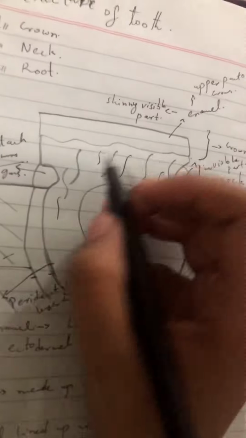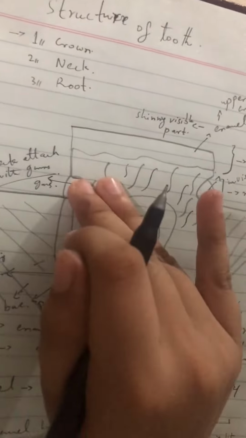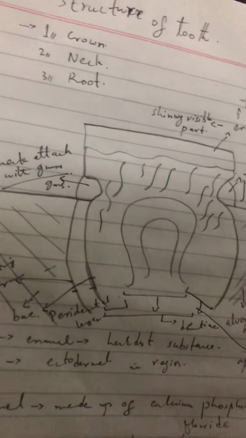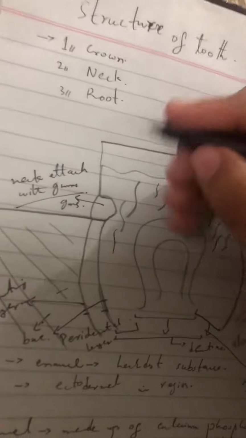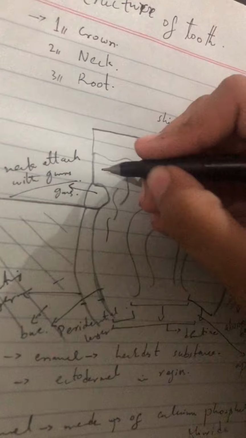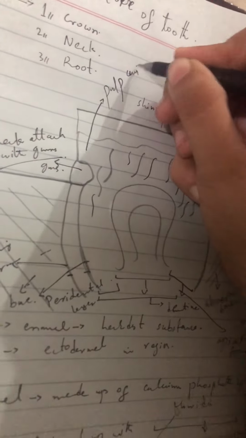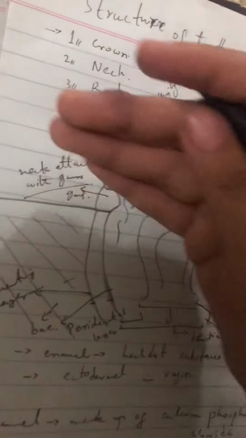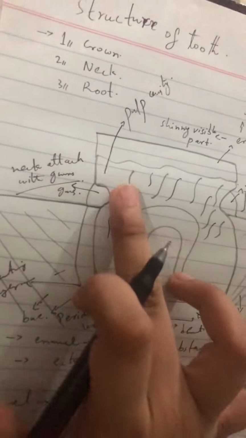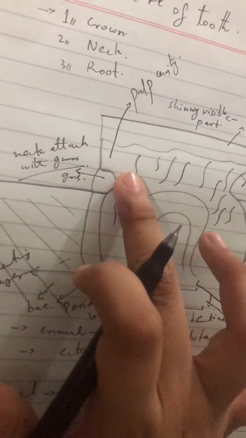Here first of all, I will tell you about the nerves and blood vessels, where these are present. This region is called the pulp cavity. Down the crown, one cavity is present called the pulp cavity.